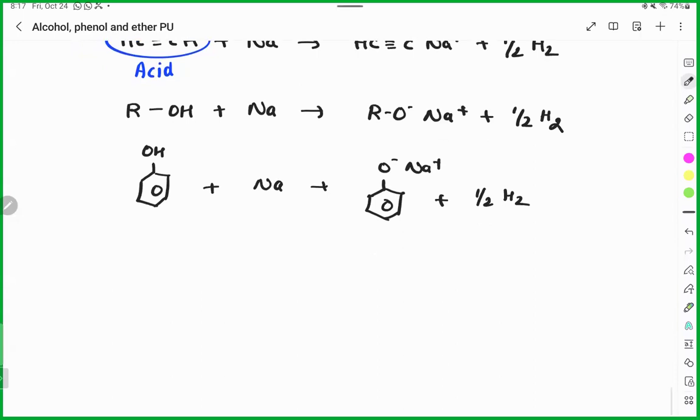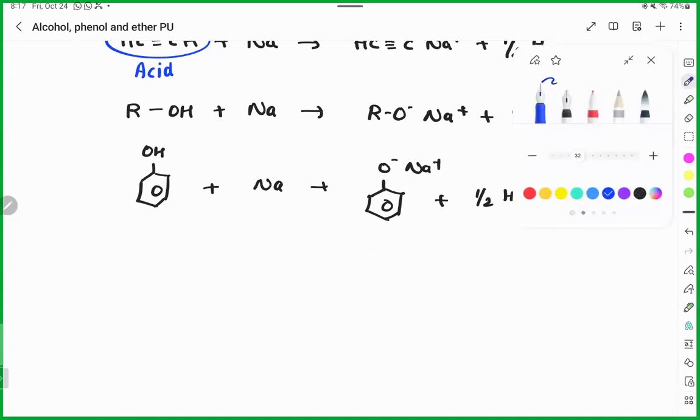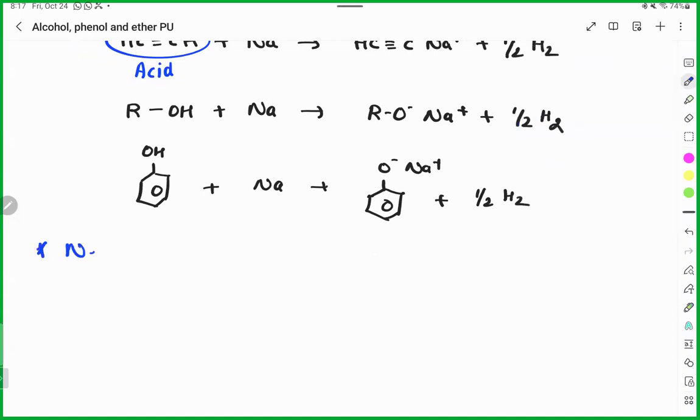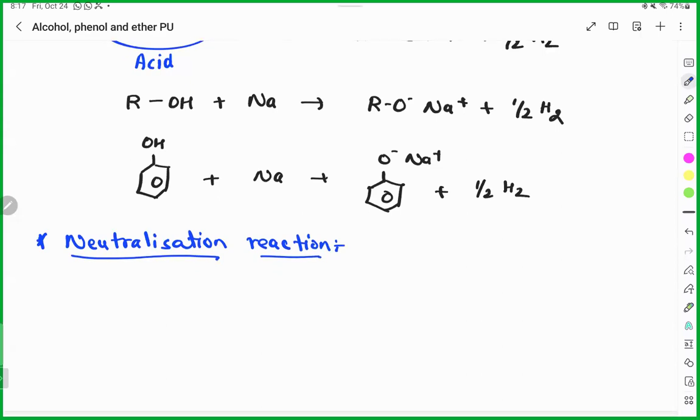You can also see it in the form of salt. Chinmay, what is a neutralization reaction? Sir, acid and base will react to form salt and water, sir.